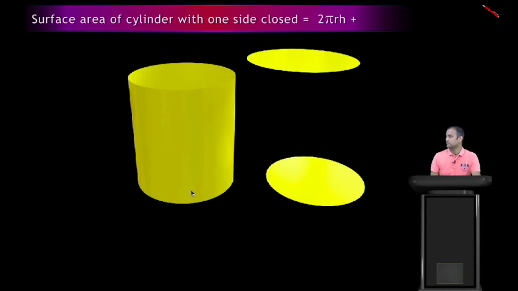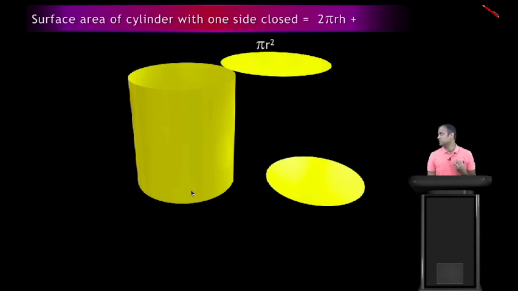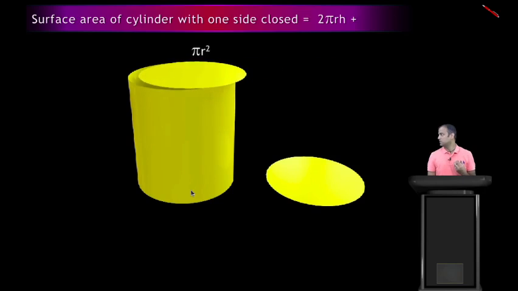Now surface area of cylinder with one side closed. If we close one side, okay, only one side, so this is the shape of that portion. And what is this shape? Yes, very good, it is a circle. So now we have to add only the area of circle in the CSA of cylinder.